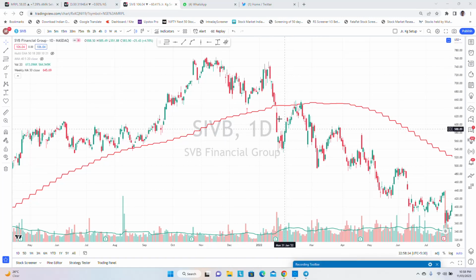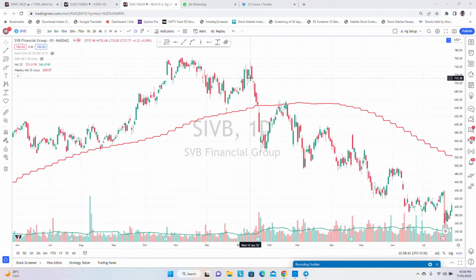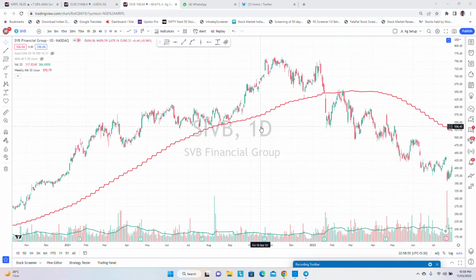So here if you see, the first thing is the stock started to make an inverted hammer or inverted pin bar candle. It violated the Dow theory and the stock closed with a big red candle below the 30 moving average.